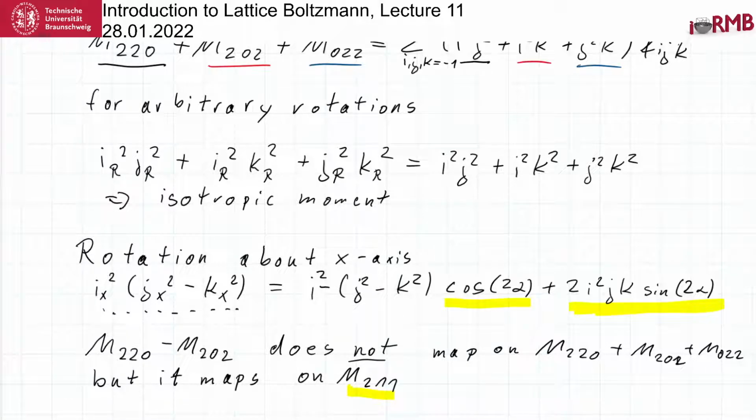I don't know that there's not supposed to be a minus here. I don't know how this came here. So if the cosine 2 alpha is 0, of course the first term drops out and we would map onto m211.